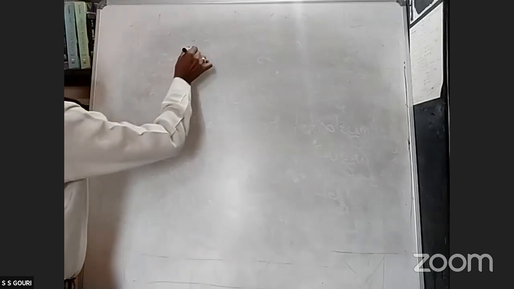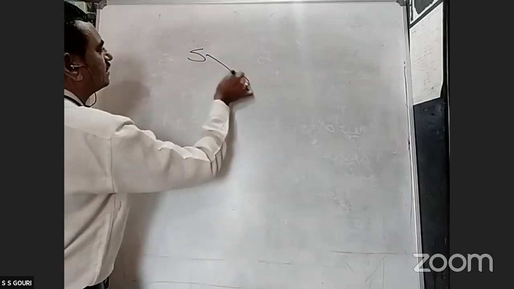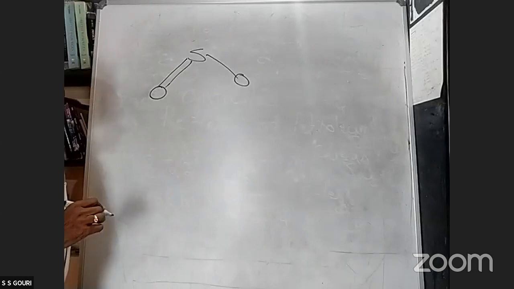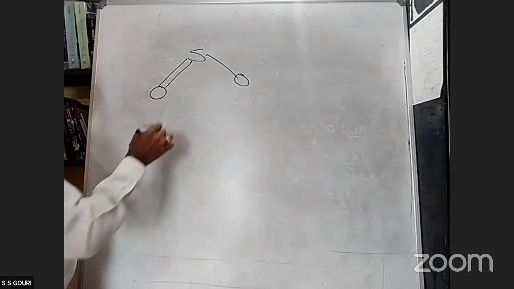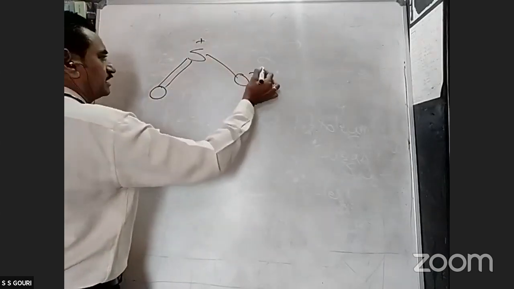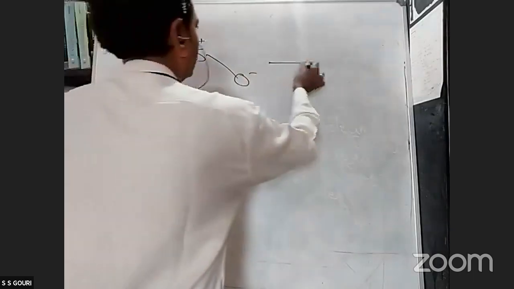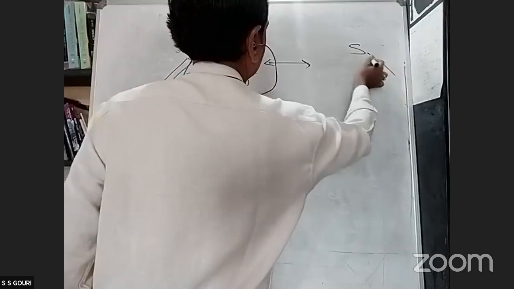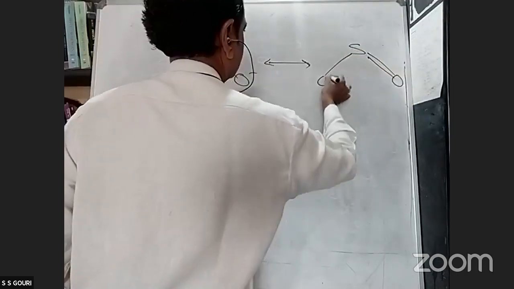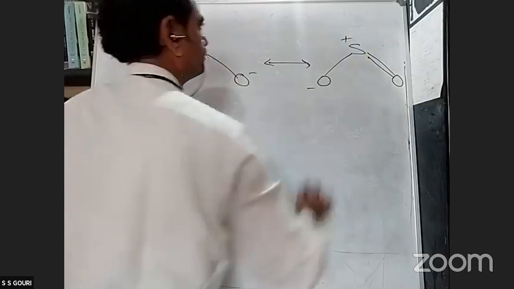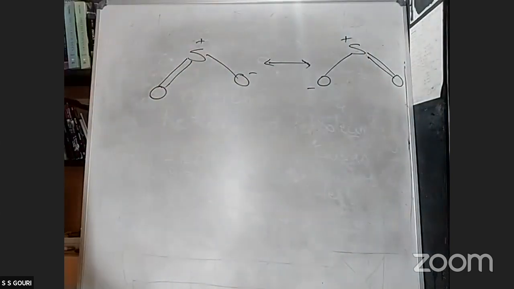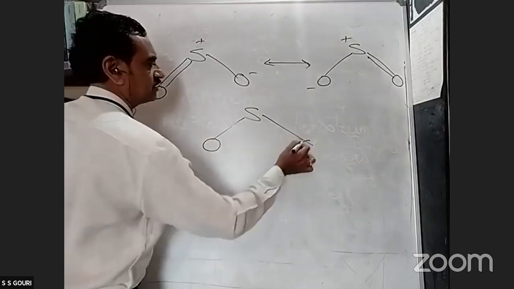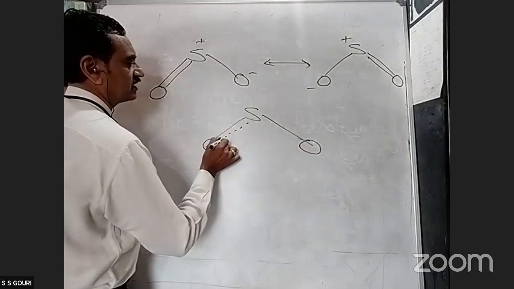SO2 has a bent chain structure like this, just like ozone. It is a resonance hybrid of these two. The double bond is not fixed, and the actual structure has a partial double bond character.